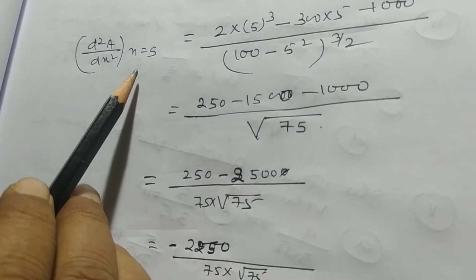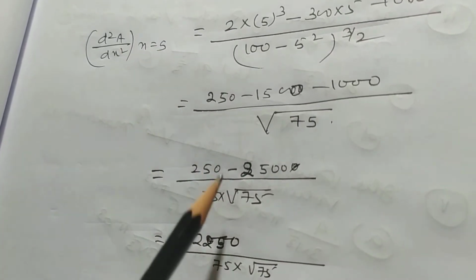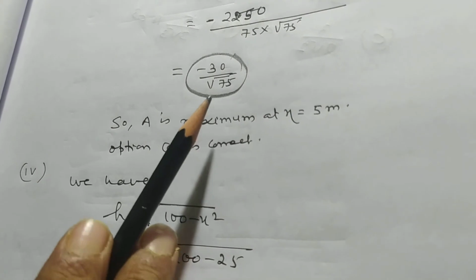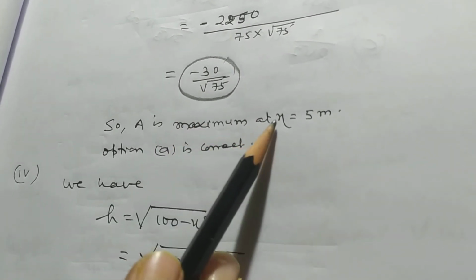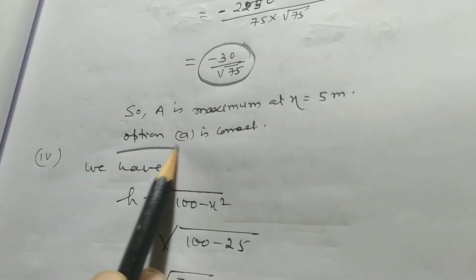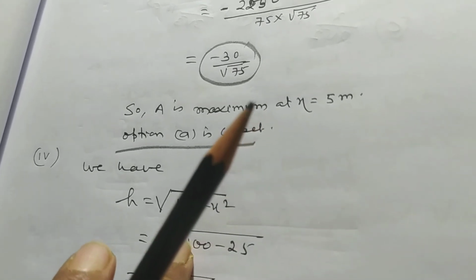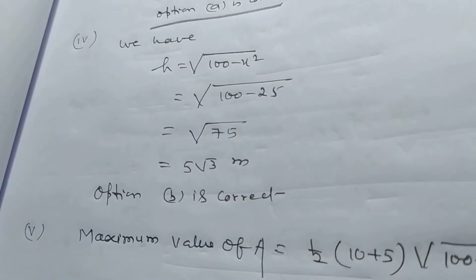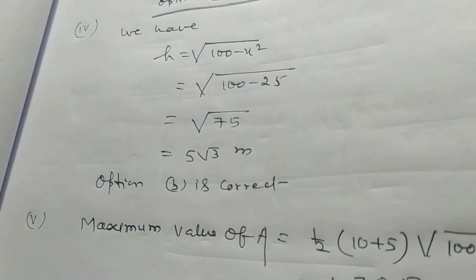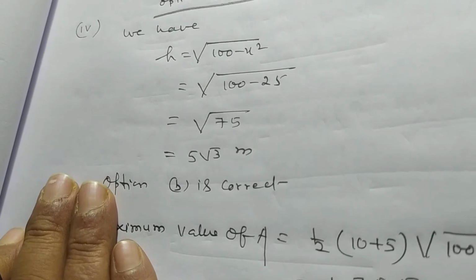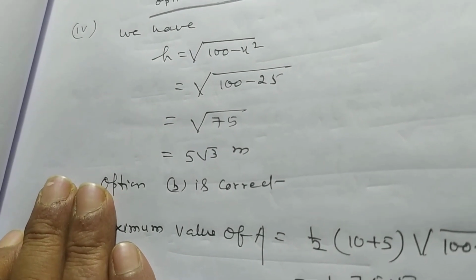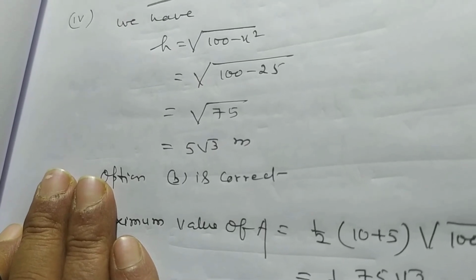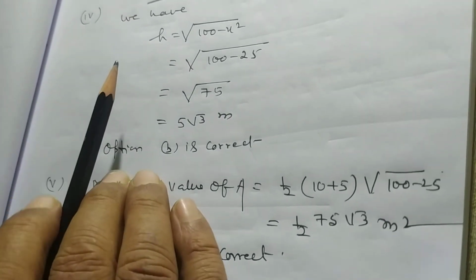At the point x is equal to 5, the value of d2A by dx square after solving is minus 30 root 75. So A is maximum at x is equal to 5. Option A is correct. My dear students, this sub problem 3 is very, very important in each problem, so you must solve this step at least 4 times. Then you can solve this problem.